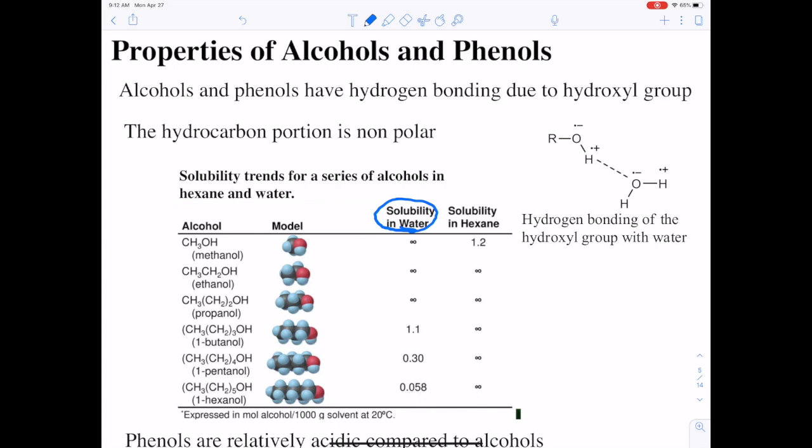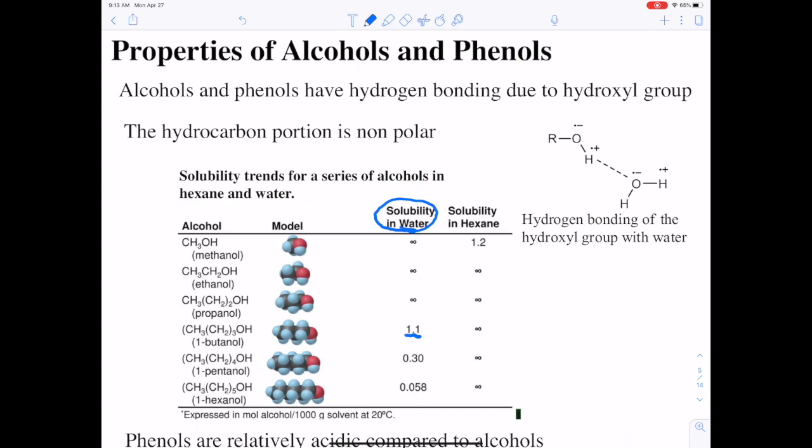As you get to butanol, notice that there's an actual solubility. You can dissolve some butanol in water, and it's the hydroxyl group that's interacting favorably with the water through hydrogen bonding. But the hydrocarbon chain now is 4 carbons long, and it doesn't interact favorably with water. And so you have a maximum solubility.